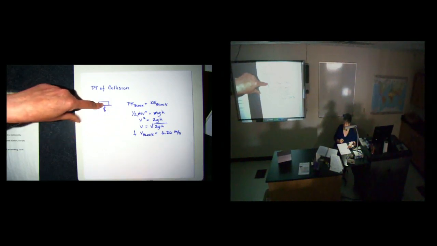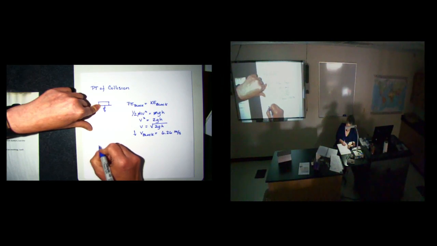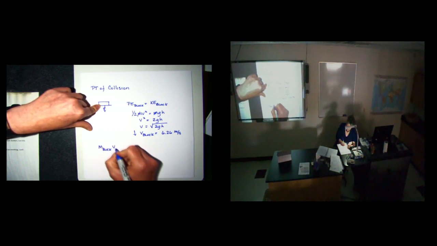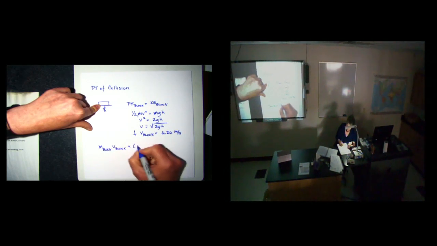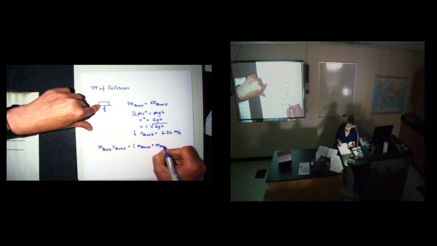So now I get the velocity nu is equal to the mass of the block times the velocity of the block, divided by the mass of the block plus the mass of the pan. It's going to be 30 times 6.26 divided by 40. It's going to give me 4.70 meters per second headed down.